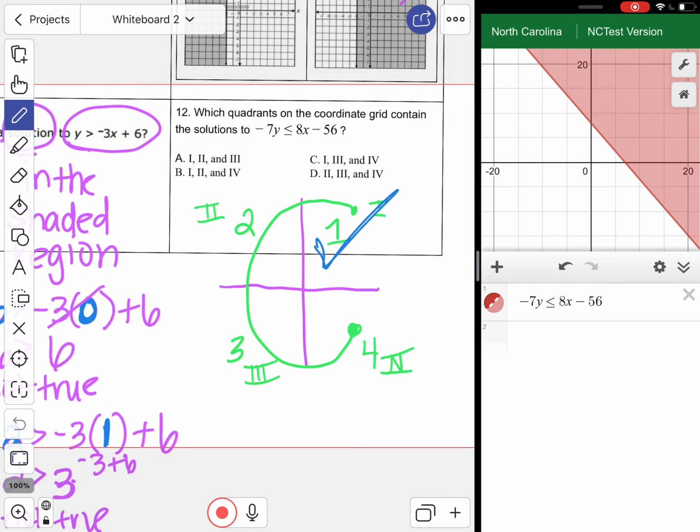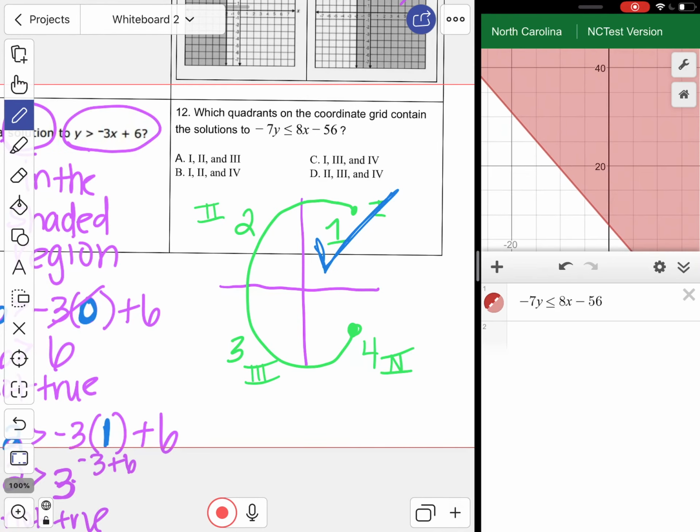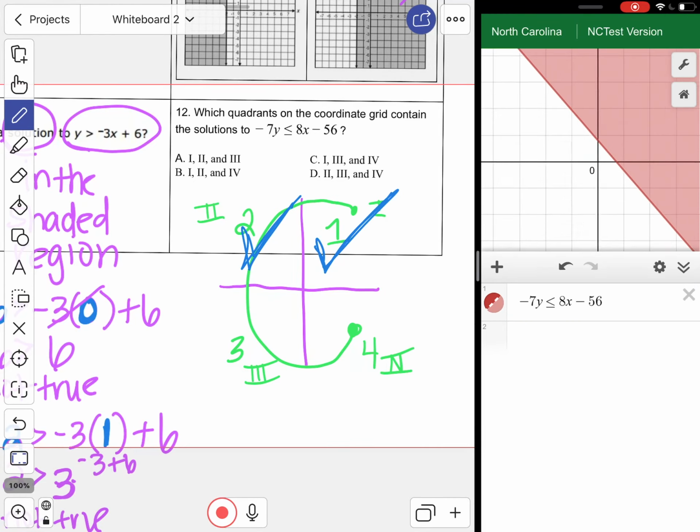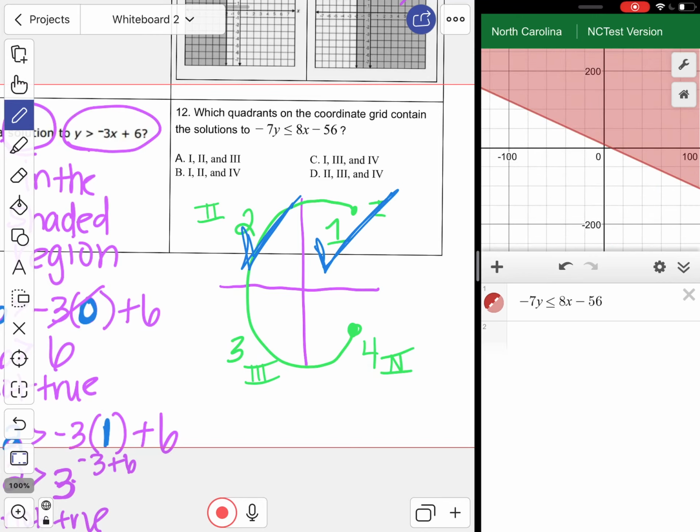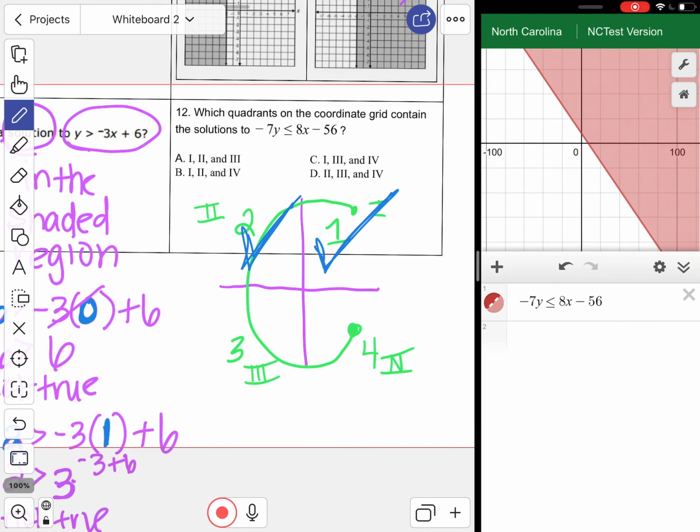So we have shading in quadrant 1. I have shading in quadrant 2. I do not have any shading in quadrant 3. If I can keep zooming out, quadrant 3 never has any shading, so I'm not going to check that one off. And I have shading in quadrant 4. So the answer choice that has 1, 2, and 4 is going to be B.